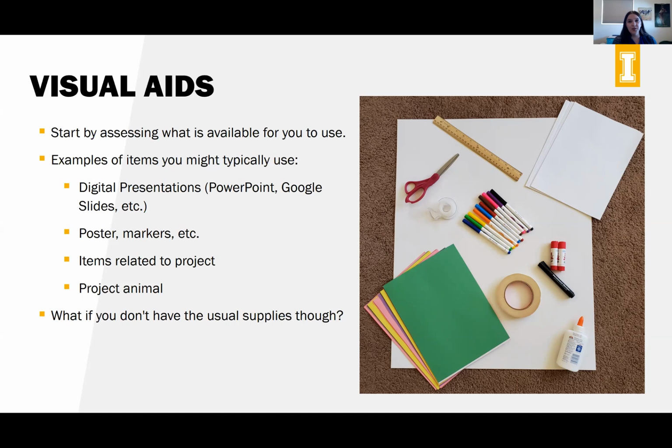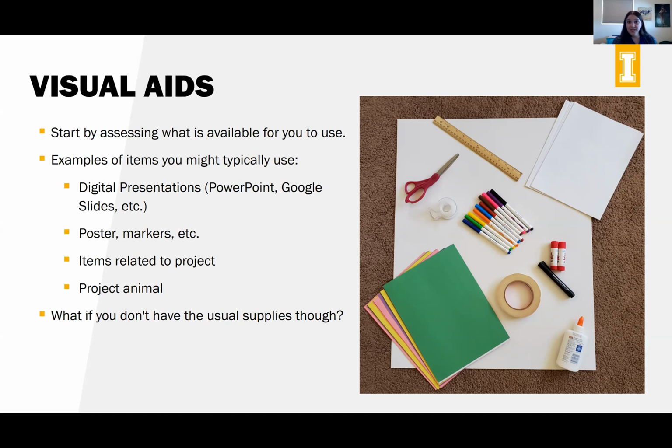There's lots of other digital presentations, and as long as you have a share screen capability, you should be able to share whatever that is. Some other things that you might typically use: poster, markers, items that are related to your project, or maybe even a project animal.